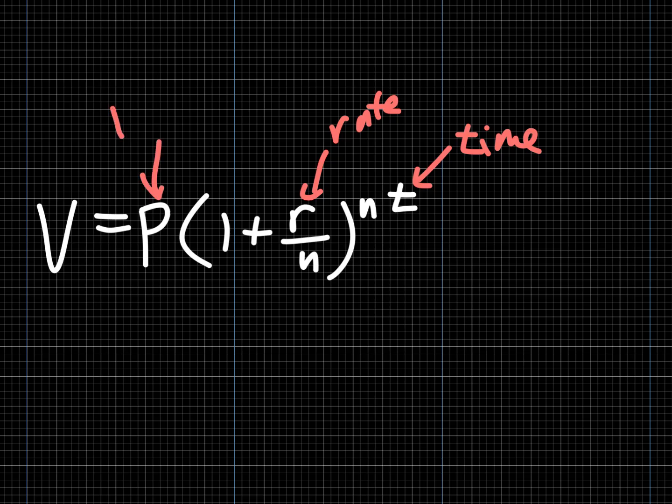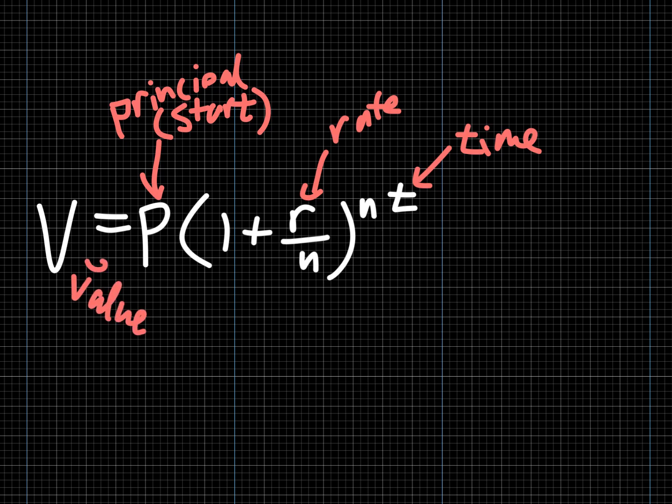And that means starting amount. I would put start underneath it. V stands for value, and I'm going to squeeze the word end above it because whereas P is the start value, V is the end value.